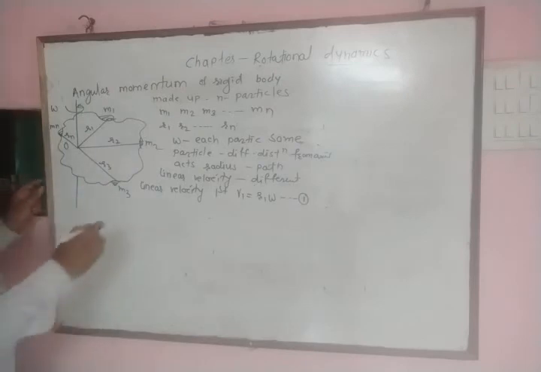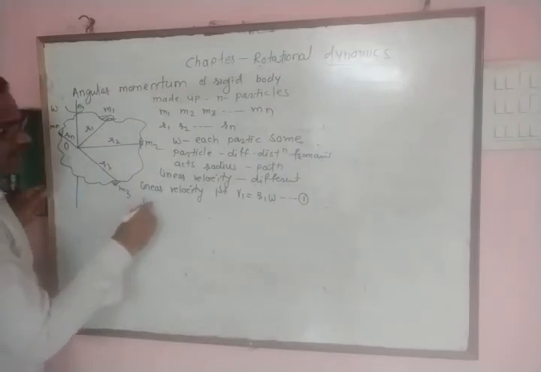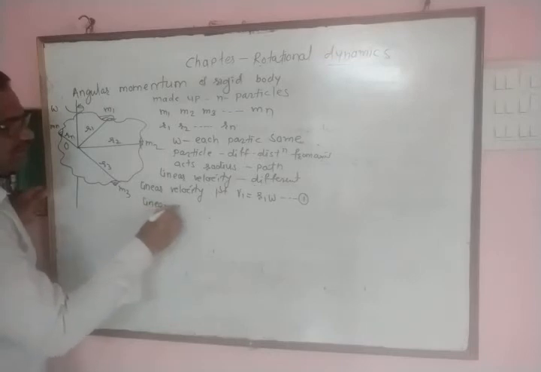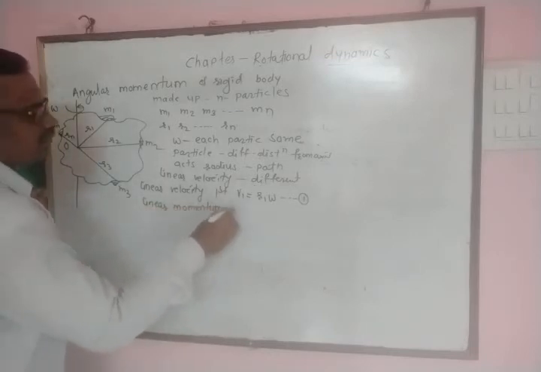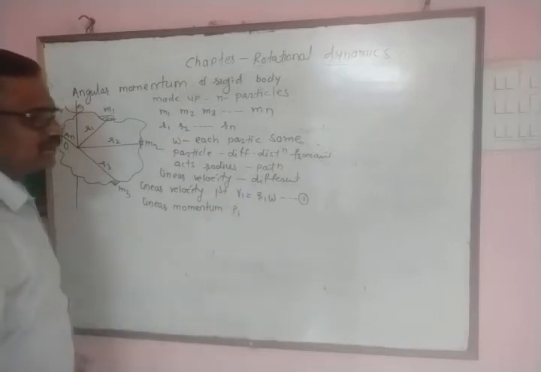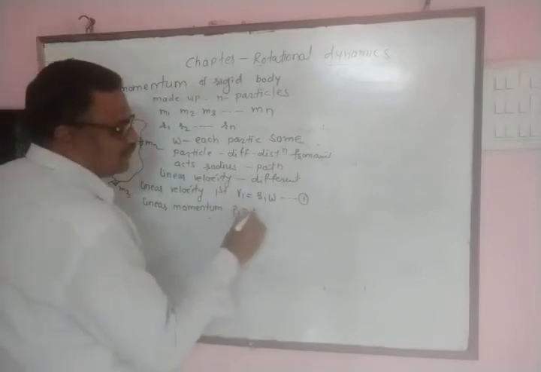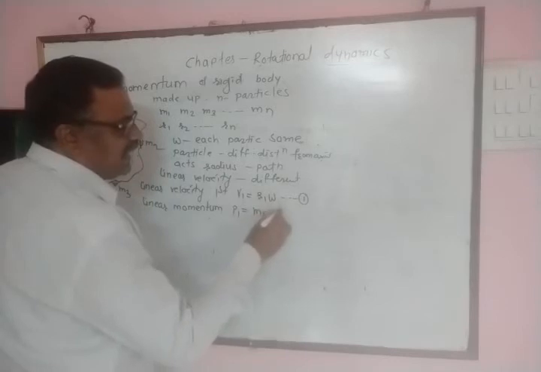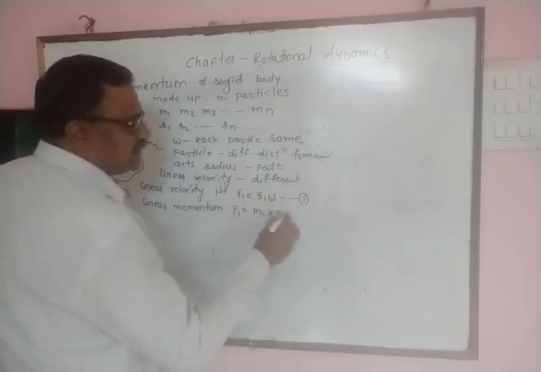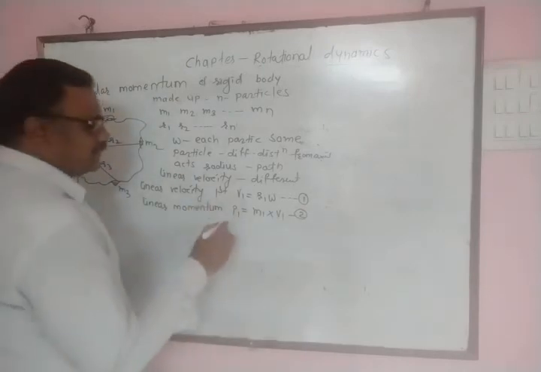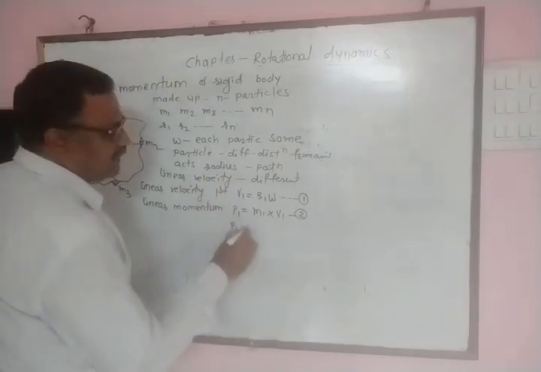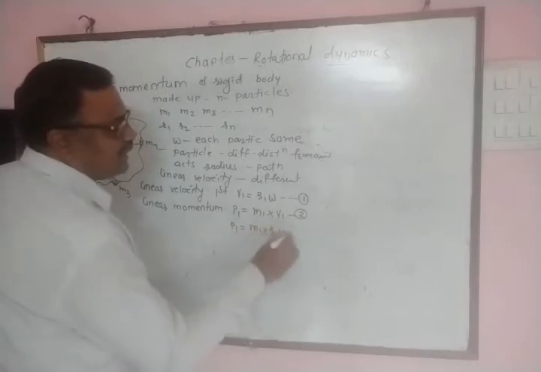We now calculate the linear momentum of the particle. It is denoted by P1, and the product of mass and velocity equals linear momentum. Substituting the value, we get m1 into r1 into omega.